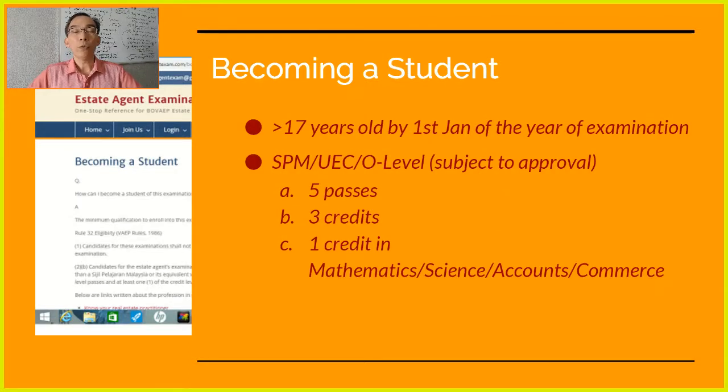To become a student for this diploma in estate agency, a person must be more than 17 years old by 1st of January of the year of examination. For example, if you are sitting the 2019 examination, then by 1st of January 2019 the person should be 17 years old. That means a person needs to be 17 years old by the end of December the year before.